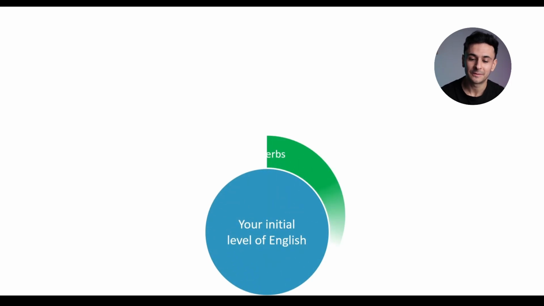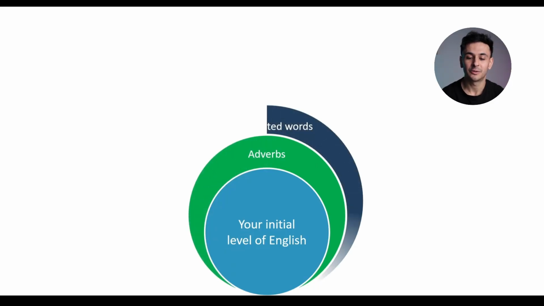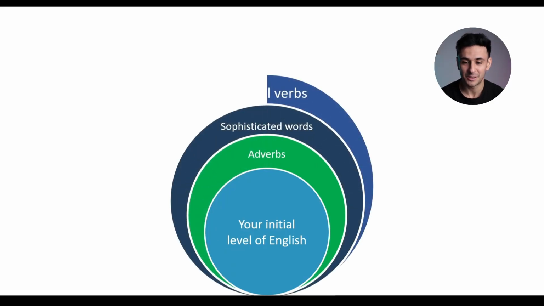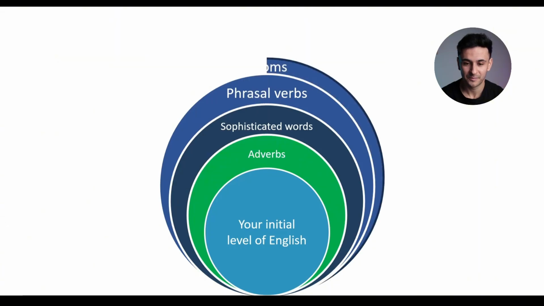Alright, so we've just covered complex structures. I hope it wasn't that complex, because I tried to provide very detailed examples that are easy to remember. And yeah, so your current level of English should look something like that. As usual, it keeps expanding.